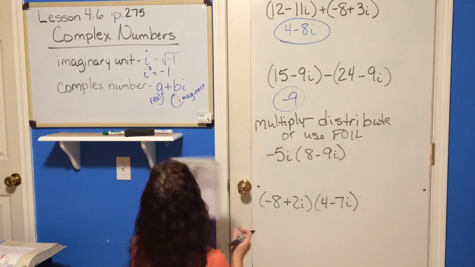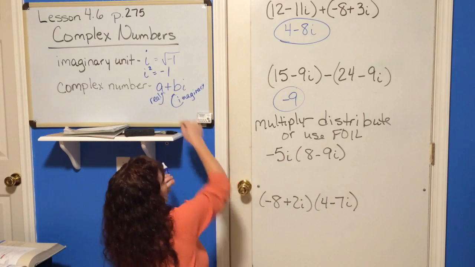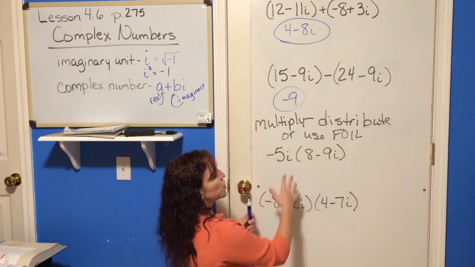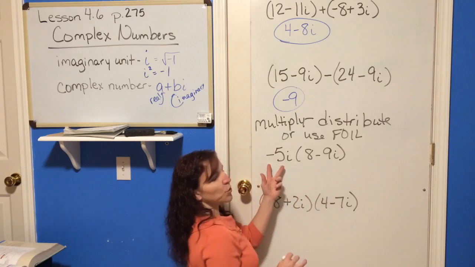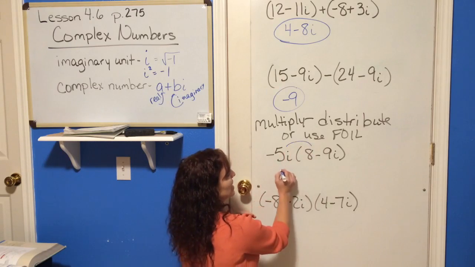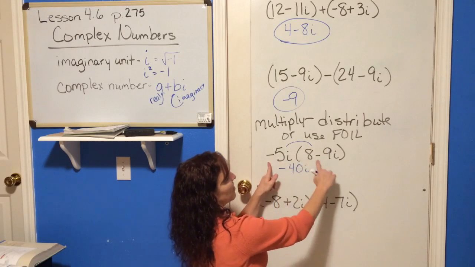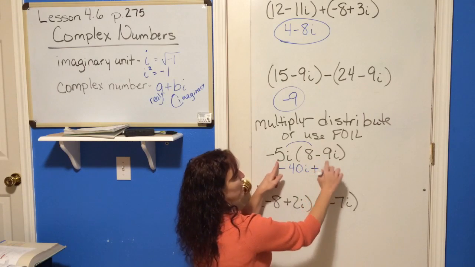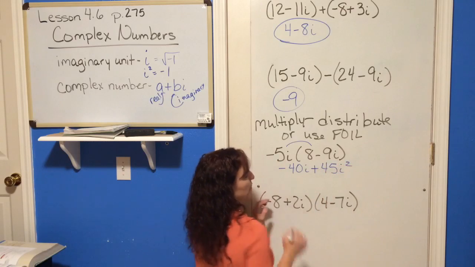Okay. So when we multiply these, on this one we're just multiplying by an imaginary number, not a complex number. So we simply distribute. This negative 5i needs to be multiplied throughout the binomial here. So negative 5i times 8 is a negative 40i. And then negative 5i times a negative 9i. Negative times a negative is a positive. 5 times 9 is 45. i times i is i squared.